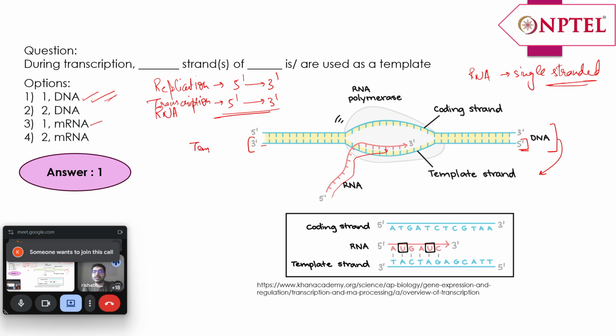So the strand of the DNA labeled 3 prime to 5 prime here will be called the template strand, because the RNA polymerase uses it as a template to form the complementary RNA sequence.